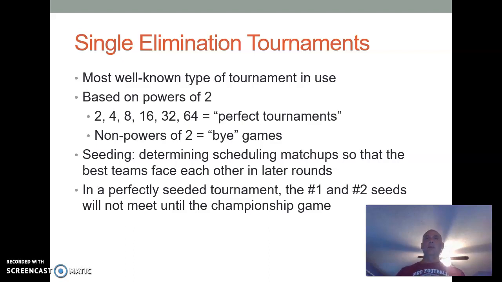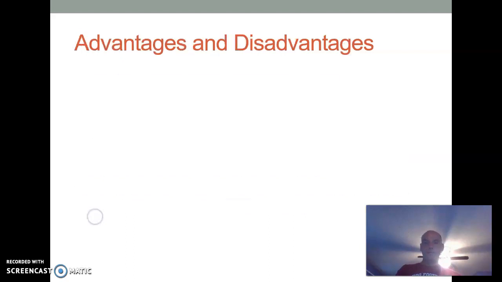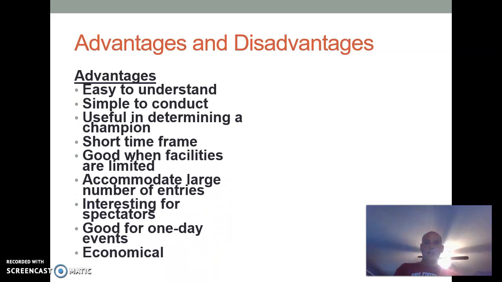In the championship game, if you've got it perfect, that's what you should get, and that's what they strive to try to do. But it's really hard with upsets. Okay. So remember, powers of 2. Powers of 2 are the key for helping you do this, and I'll show you some more how to look at it here in a second. Advantages of single elimination, they're really easy to understand.